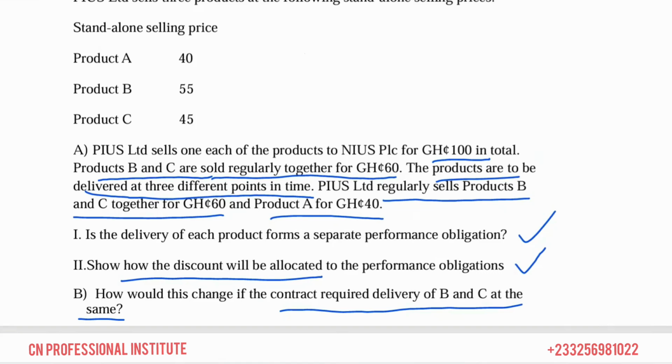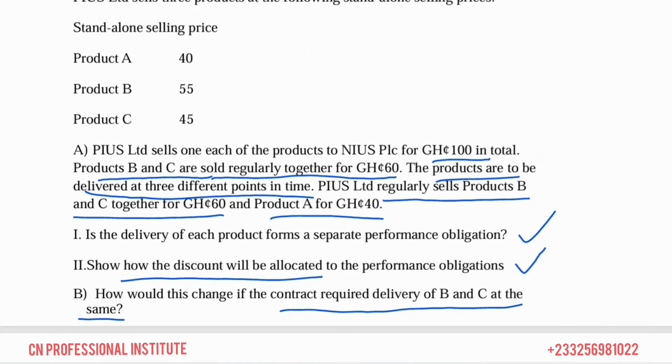So here, probably we don't have the element to perform our test. If you remember the first step, for separate performance obligations to exist, we said one, the customer should be able to benefit from the product alone or together with other resources. Are you following? And we said two, the delivery of each of the products should be separately identifiable in the contract.